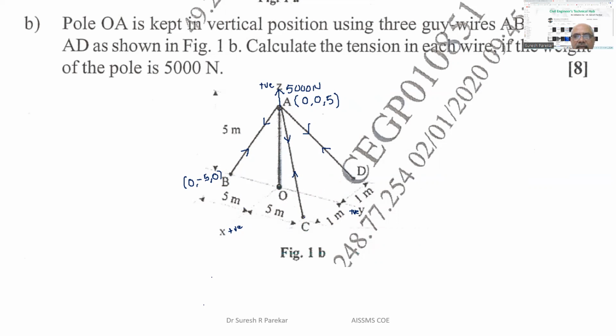Then we have C. In the X direction we have 1, parallel to the X axis, from the Y axis we have 1 meter. So X is measured parallel to X from Y, which is 1. Y is measured parallel to Y from X, and this is 5 meters.